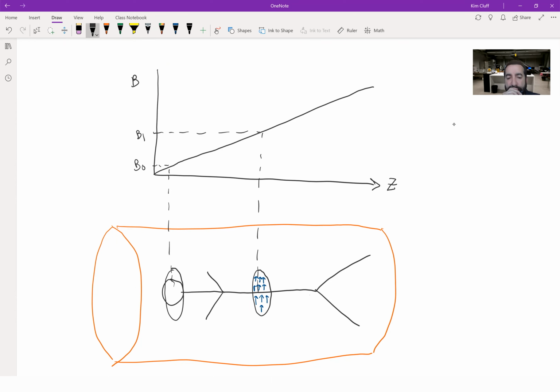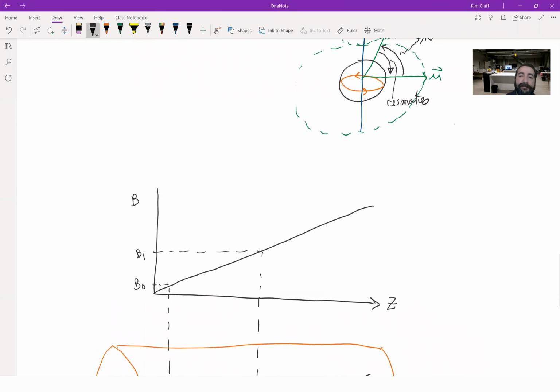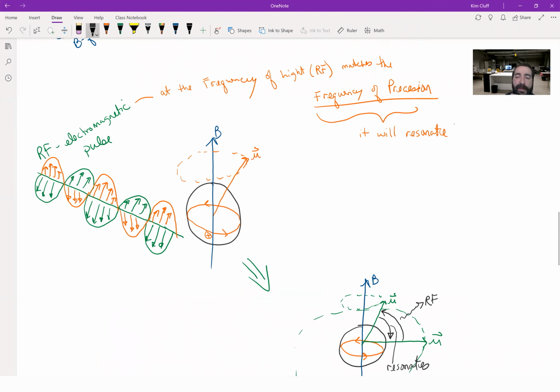So as it turns out, this is how we do slice selection in an MRI, okay?